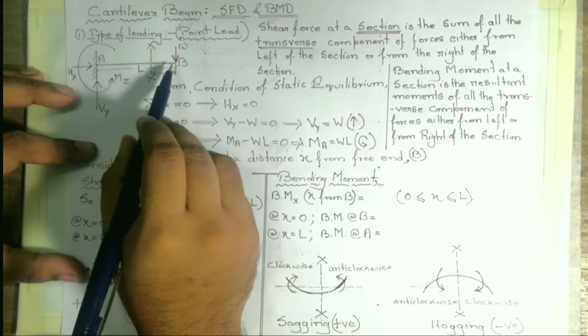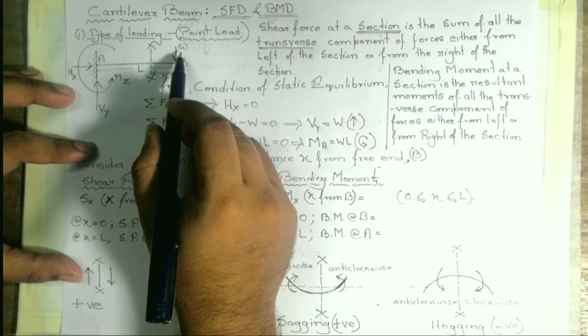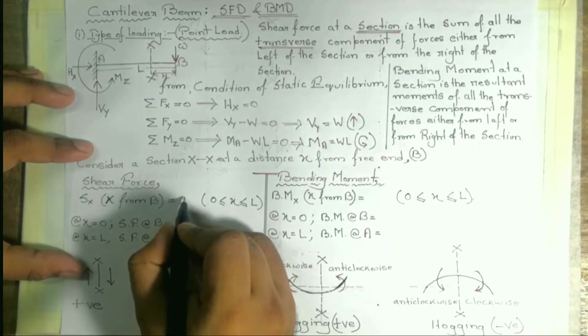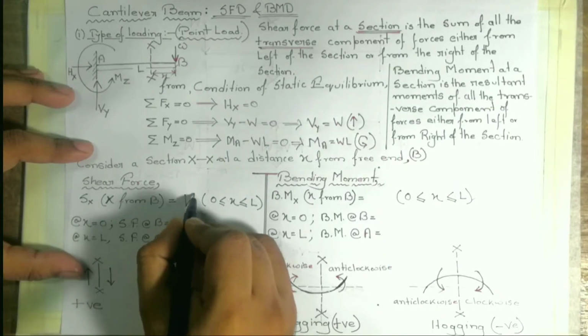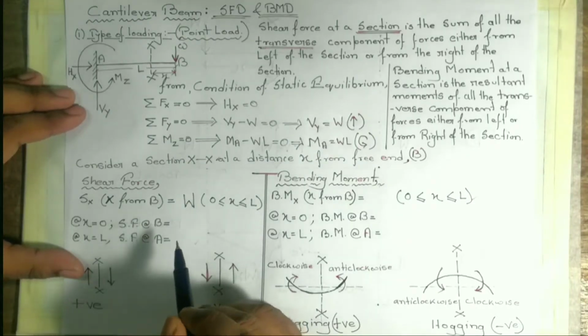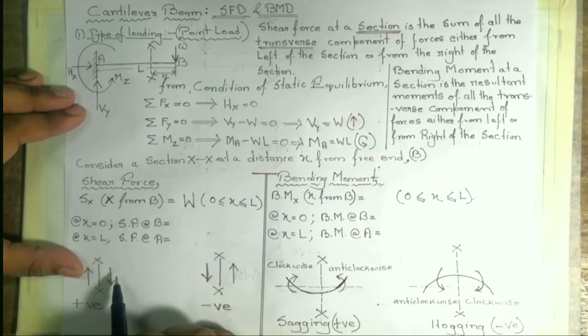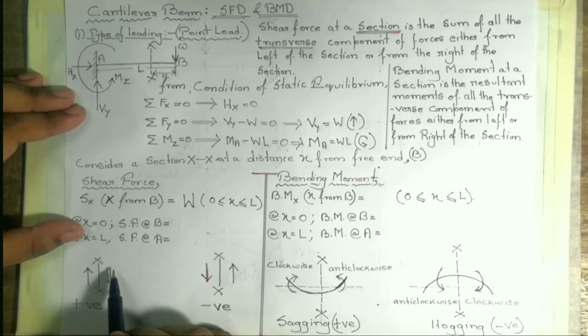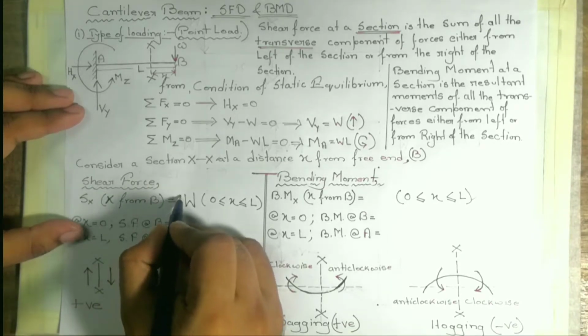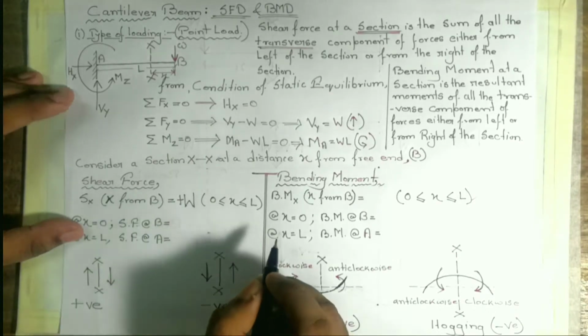We are considering the right part. Since at the right only the load W is acting downward, we write the value to be W. From the sign convention, since the loading is acting downward at the right of the section, the shear force will be positive.